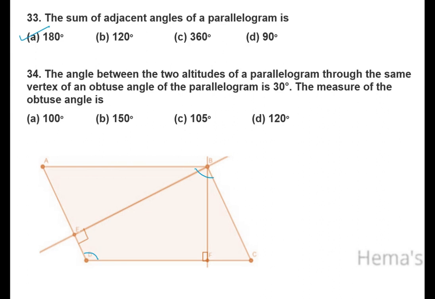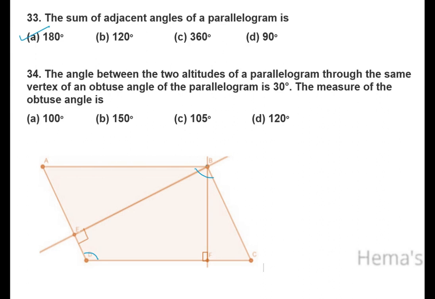In this, it is given that the angle between the two altitudes of the parallelogram through the same vertex of an obtuse angle. Means if we take this angle B as an obtuse angle of the parallelogram, and from this two altitudes are BF and BE on sides DC and AD respectively, right?